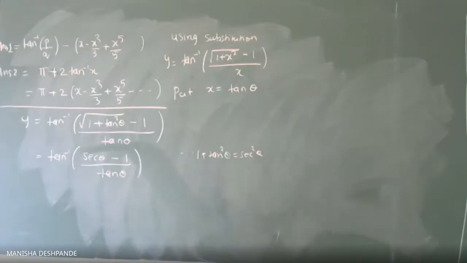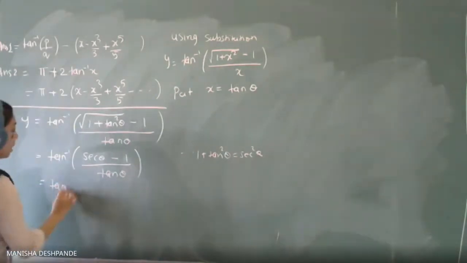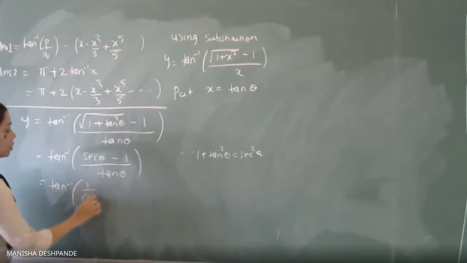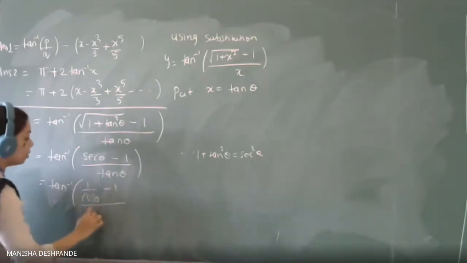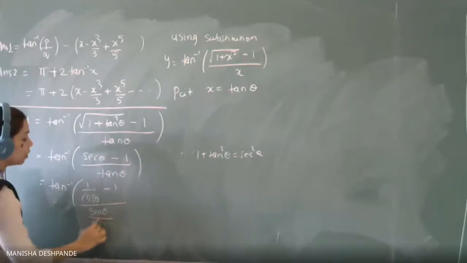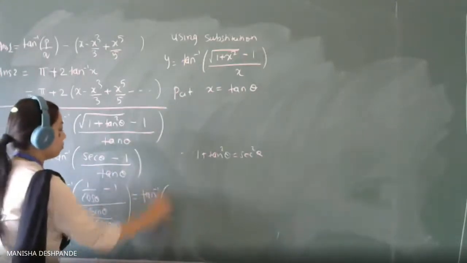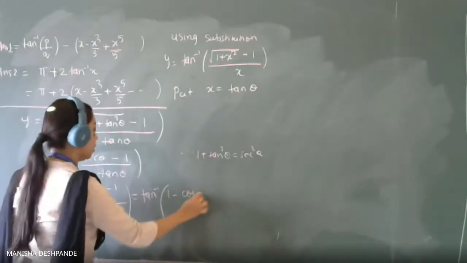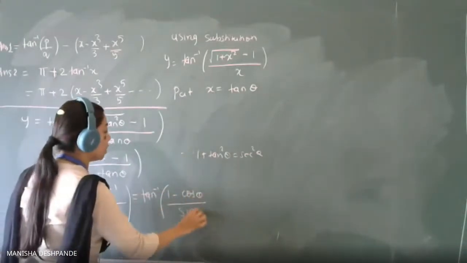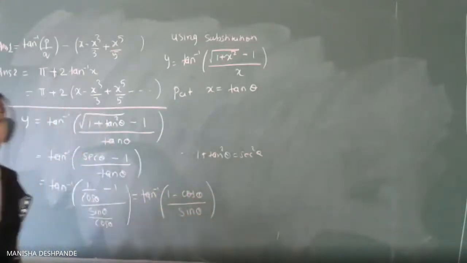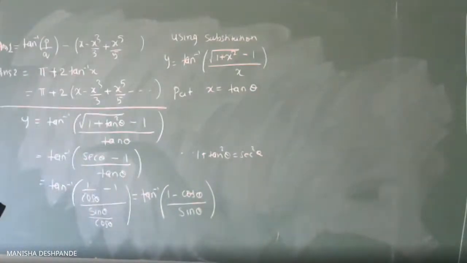Sec theta is nothing but 1 by cos theta, and this will become tan inverse of (1 by cos theta minus 1) upon sin theta upon cos theta. Simplifying this, you get tan inverse of (1 minus cos theta) upon sin theta. Both cos theta will get cancelled. Is it okay?